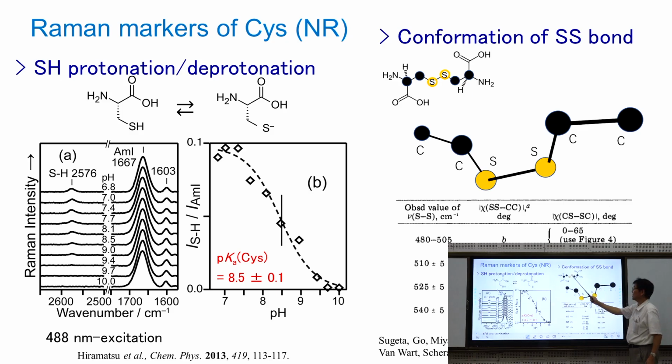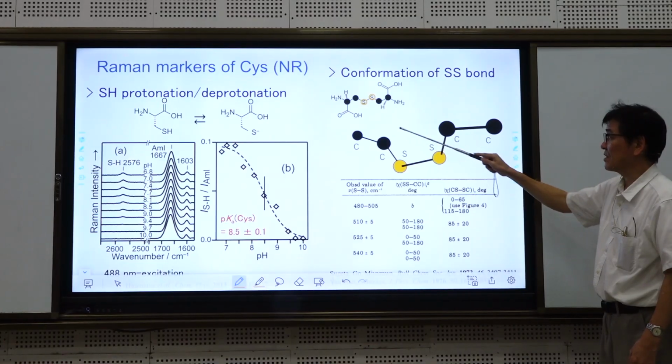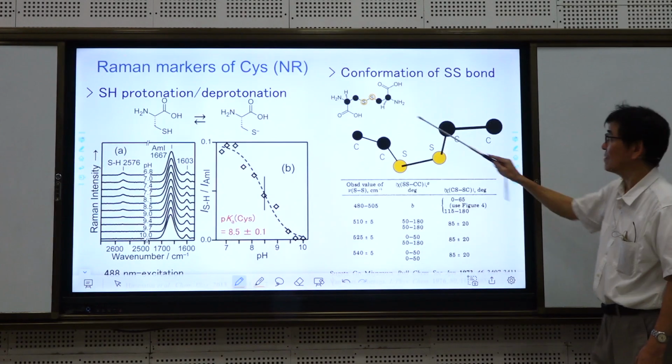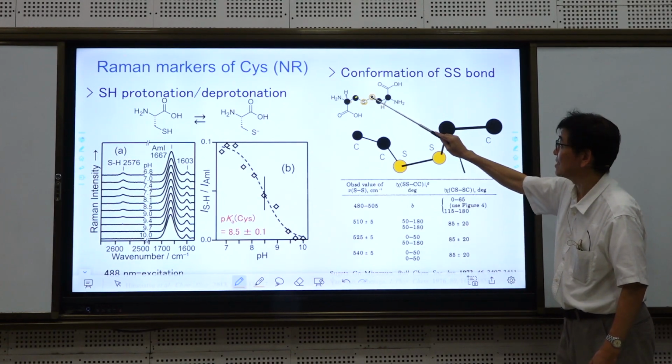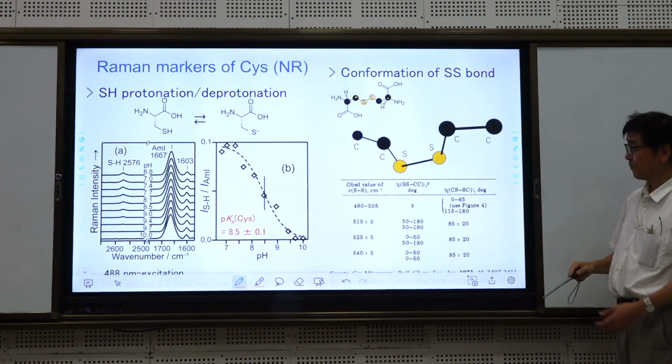When SH forms an SS bridge, it gives a peak of the SS stretch near 500 wave numbers. Depending on the conformation of the CCSSCC, the peak position is different.